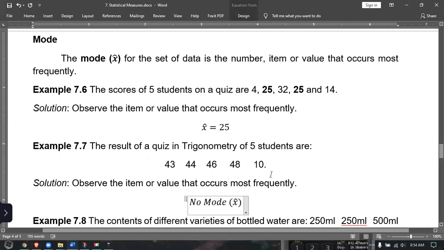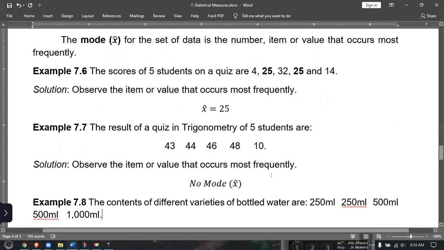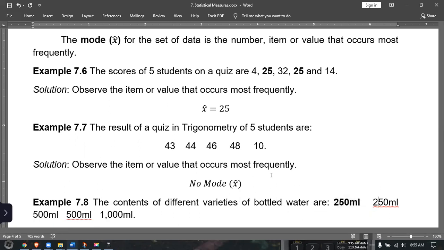Another example. The contents of different varieties of bottled water are 250, 250, 500, 500, 1000 ml. If you observe, two values appeared twice: 250 and another 250, 500 and another 500.